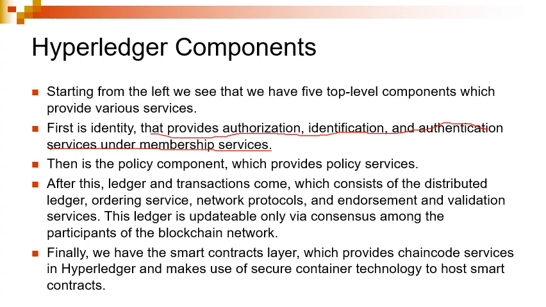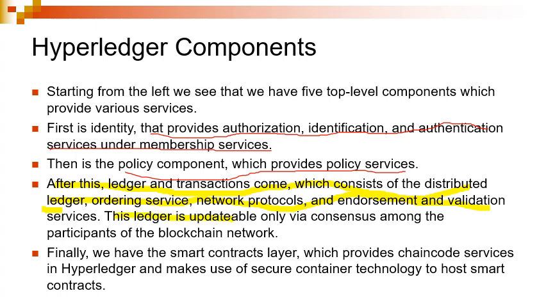The next component is the policy component, which provides policy services. Then after the policy services, ledger and transactions come, which consist of the distributed ledger, ordering services (we need to order the transactions in sequence), the network protocols, and endorsement and validation services.